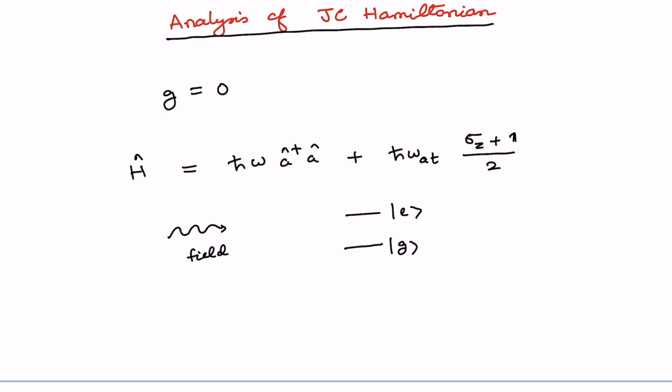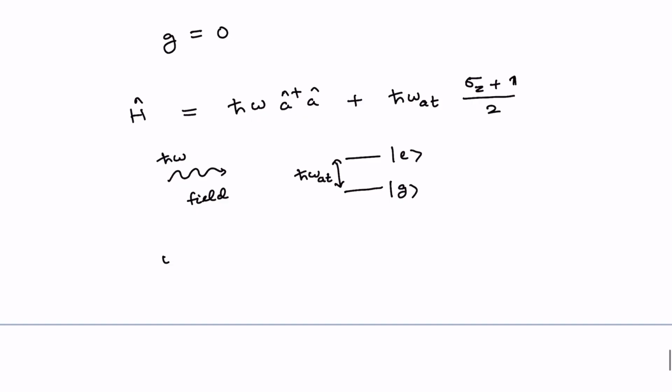We can define a parameter. This field mode has energy h cross omega, and the difference between the energy levels in the atom is h cross omega atom. It is not necessary that omega is equal to omega atom, so we are going to define a parameter called the detuning parameter, denoted by delta.